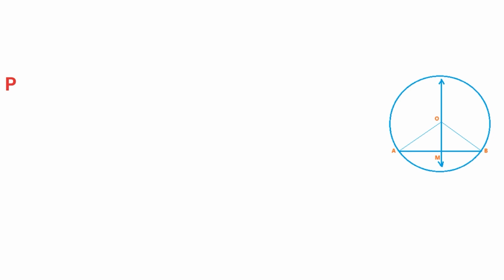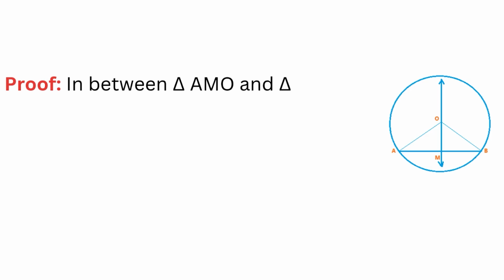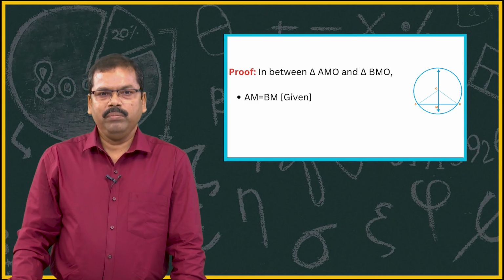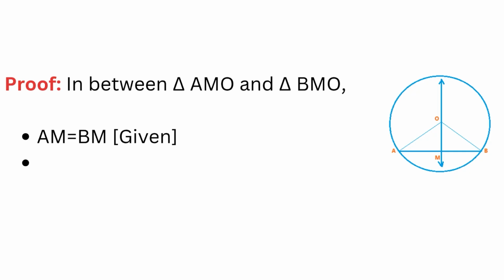Next, come to the proof part. In triangle AMO and triangle BMO, AM equal to BM, because students, it is given M is the midpoint of AB. So, AM equal to BM. Again, OA equal to OB. Why?